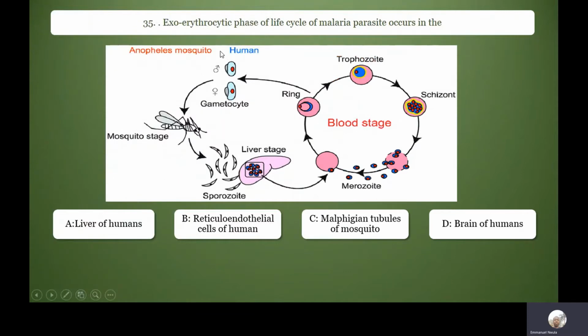The exoerythrocytic phase of the life cycle of malaria parasite occurs in the liver of humans.